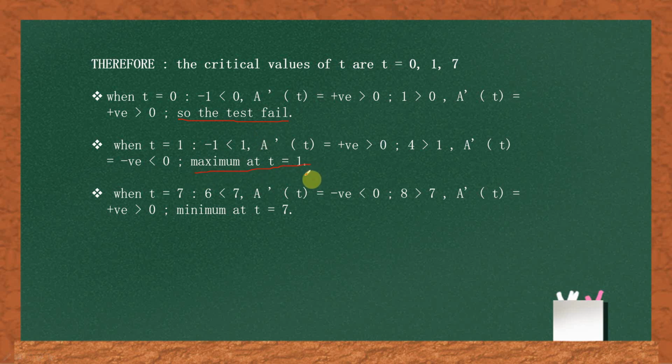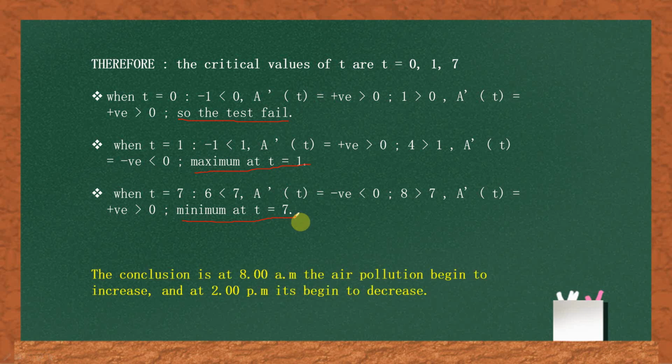When t is greater than 0, it is a minimum at t equals 7. From this, we can conclude that the air pollution begins to increase at 8 a.m. and decrease at 2 a.m.